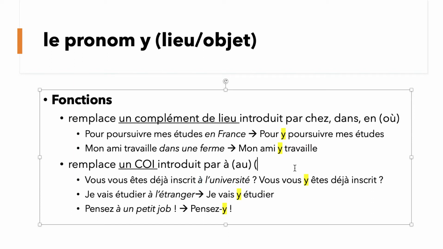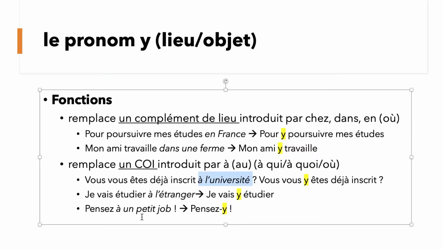Let me write this down. Okay. You're also asking où, because it's not only these two, but it's also a place, okay? Let's do some examples. Vous vous êtes déjà inscrit à l'université. Notice that I can ask the question où and à quoi here, okay? Vous vous êtes déjà inscrit où?